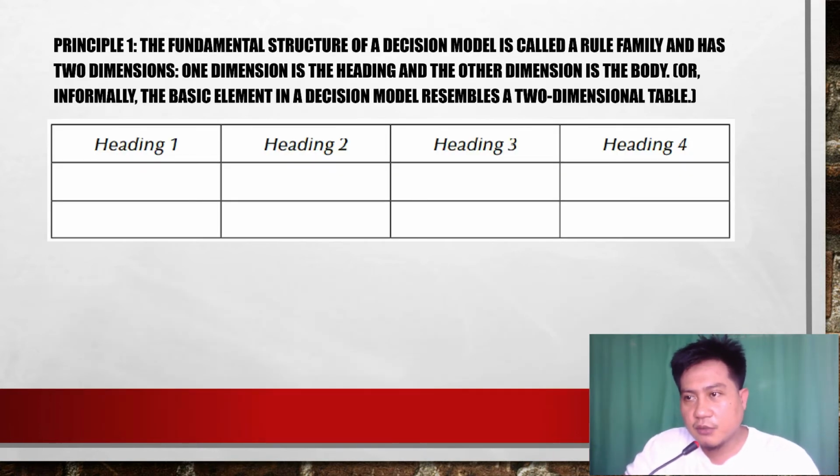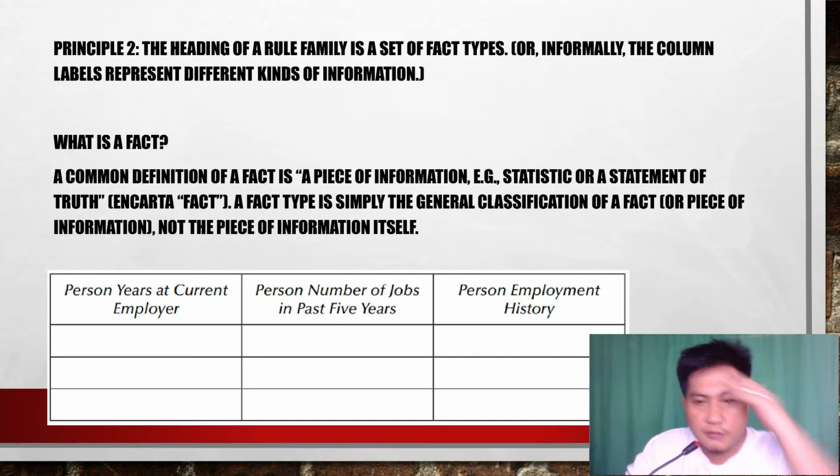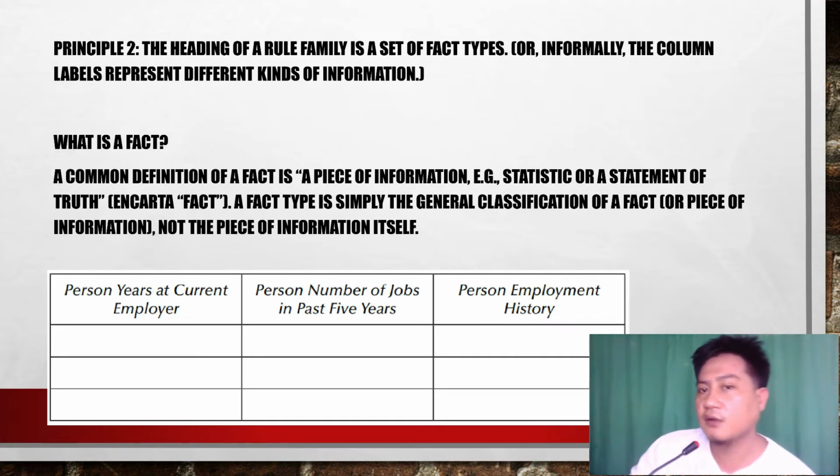Again, the principle number 1 talks about the two-dimensional table structure, that the fundamental structure of a decision model is it has a heading and it has a body. And then in principle number 2, a heading should be a set of fact types.